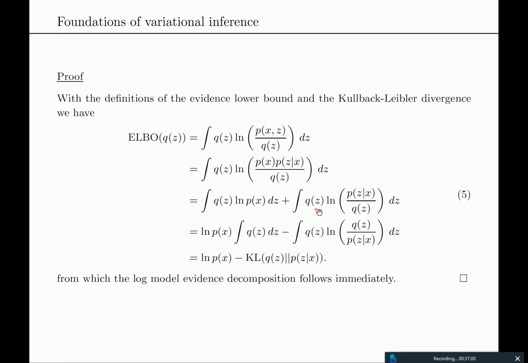And here is another thing that always happens: if you reverse denominator and numerator inside the log, this corresponds to minus the log. So if we change that, then we are already at the KL divergence. And so we have ELBO equals ln p(x) minus KL(q||p). So we can put the KL on the other side, and then we have this evidence decomposition.